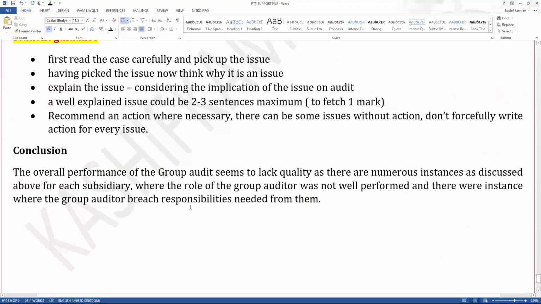The conclusion should not be more than one sentence long, because a conclusion is the summary. Whenever students write a conclusion, they start to write another answer. See, my conclusion is just one sentence, one full stop, and that's the conclusion. The examiner is saying you can get 1 mark for this, 1 mark here as well for conclusion.